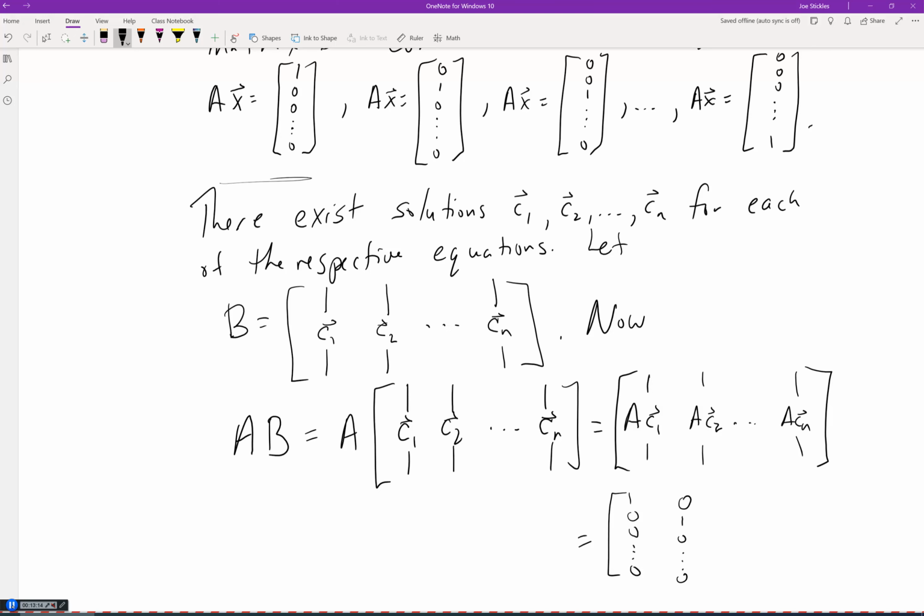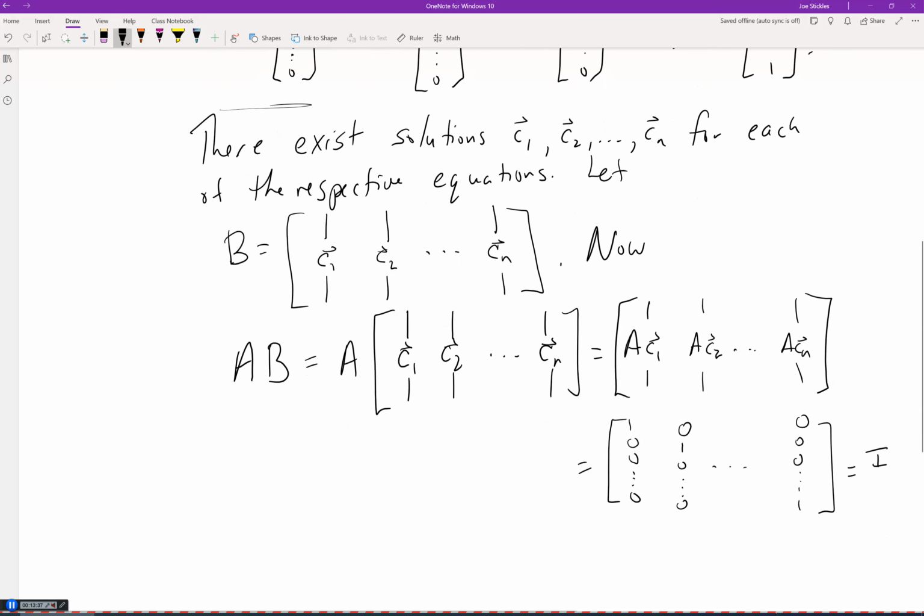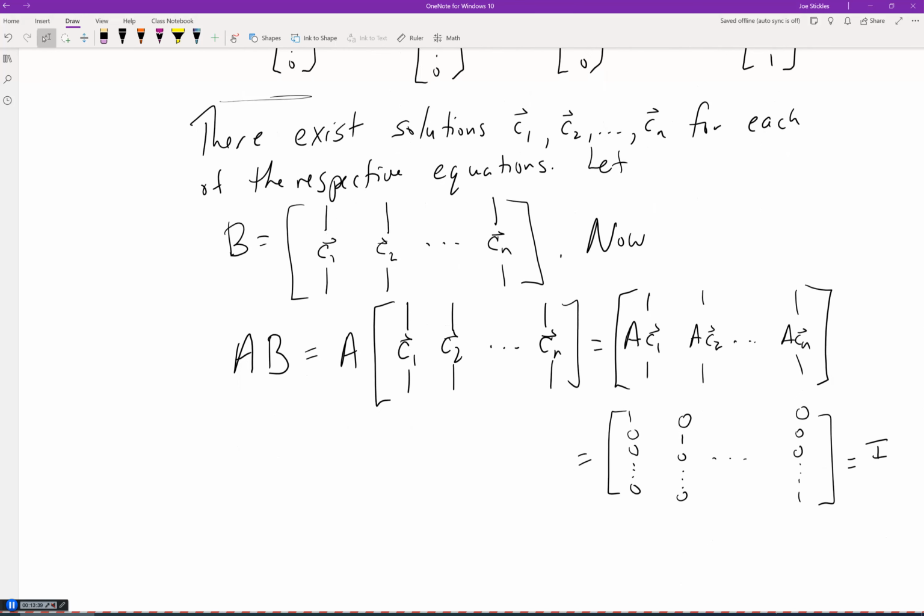Good. And then so on across until I get 0, 0, 0, all the way down to 1, right? What matrix is that? The identity. So I multiplied A by something and got the identity matrix, so what better B be, in terms of A? The inverse, yeah.